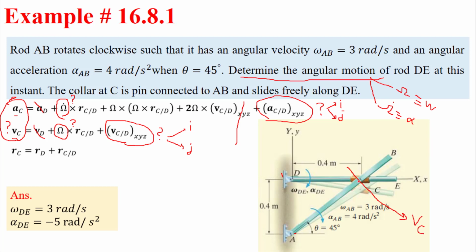So we expect to have Vc in the X direction and Vc in the Y direction. So we have a positive quantity in the X direction, and we expect Vc Y to be in the negative Y axis.